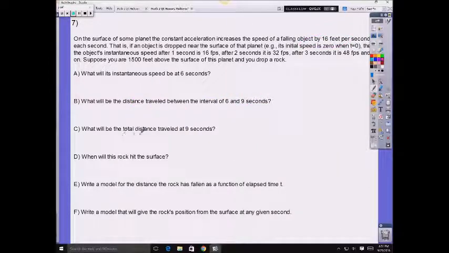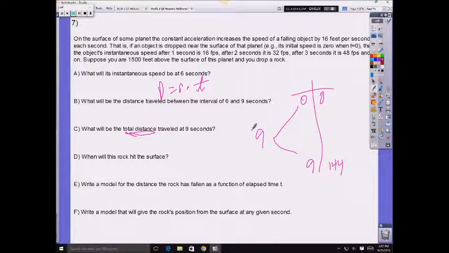Okay, now what will the total distance be from 0 to 9? What did we say 9 was? 9 times 16, 144. So 0 to 9, distance equals rate times time. For time, I'm going to use 9.